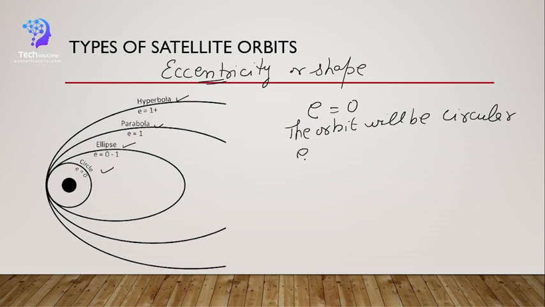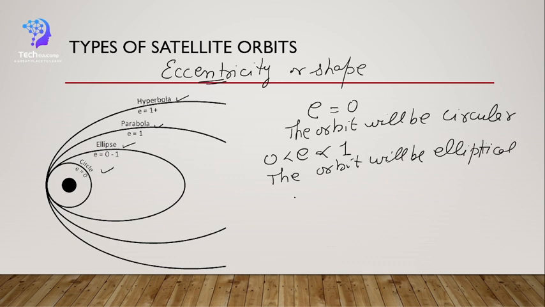And if e is between 0 and 1, then the orbit will be elliptical. If it is equal to 1, then the orbit will be a parabola.